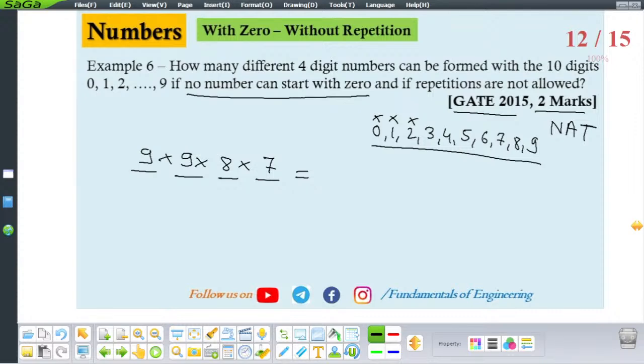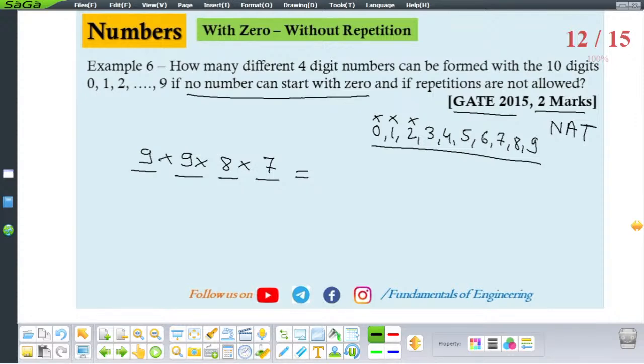In GATE, a virtual calculator is allowed, so by using the virtual calculator you will get the answer. But in some exams calculators of any kind are not allowed. There you have to do the multiplication yourself and get the answer.